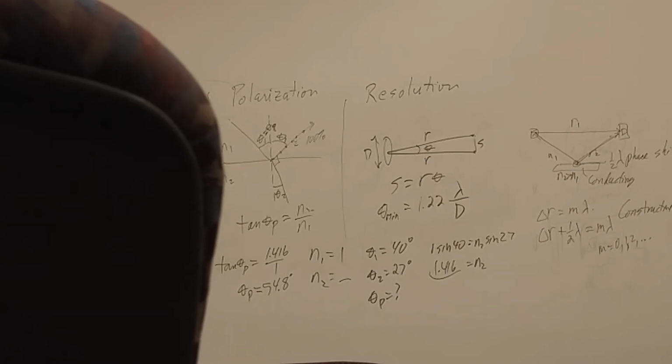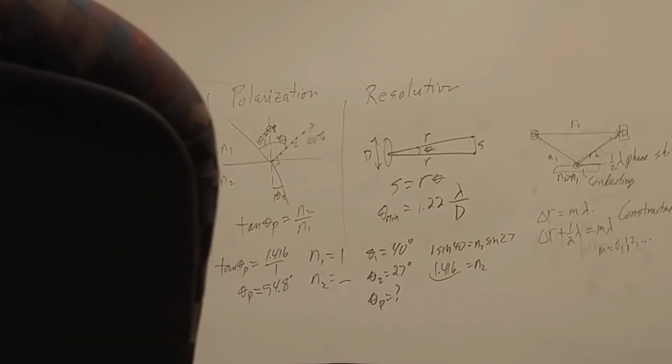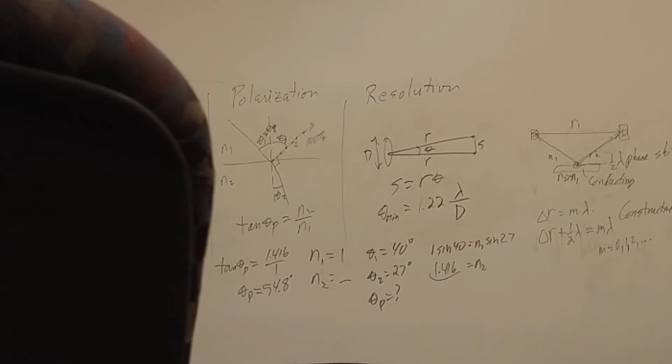Maybe you're looking for how far away is it? You're looking for the y value. Or you're looking for this angle. Or you're looking for the distance between. Or maybe you're looking for how many openings you have per unit length. If you find the d from this equation, then you can do the n. But something involving a grating at that point.